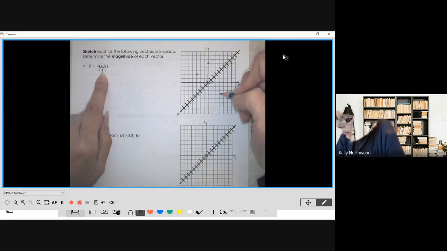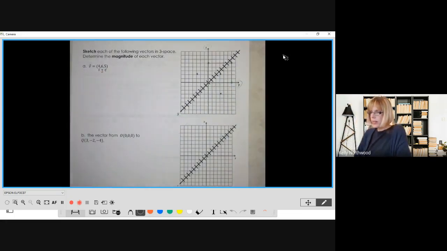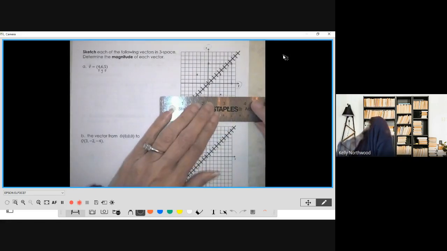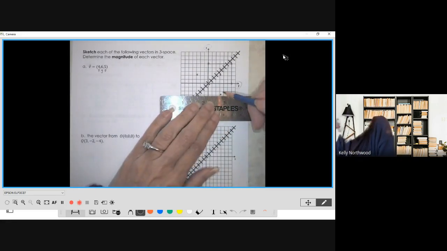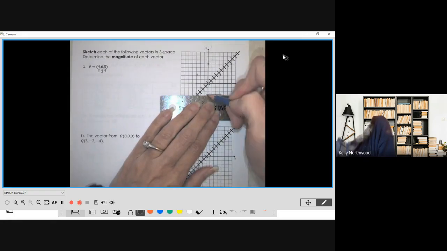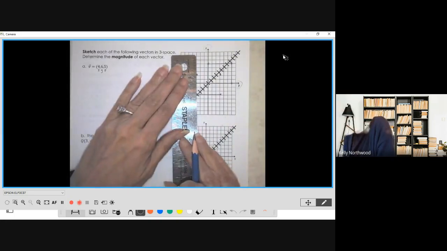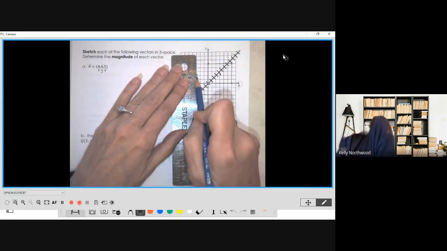And then again, from this corner, I want to do my up 5 again. So I've made a rectangle. Once you've got the 4 points for the front of your box, you're going to get your ruler out and make the front of your box. So I'm joining these points together with a ruler.